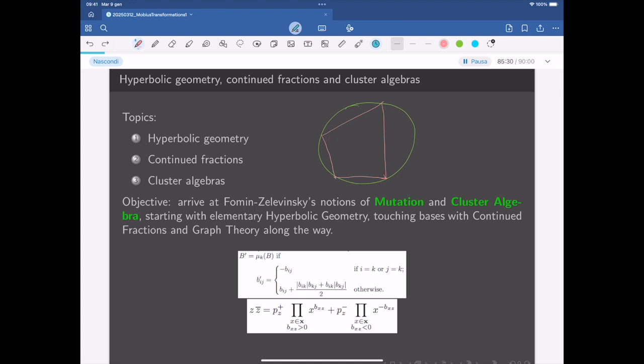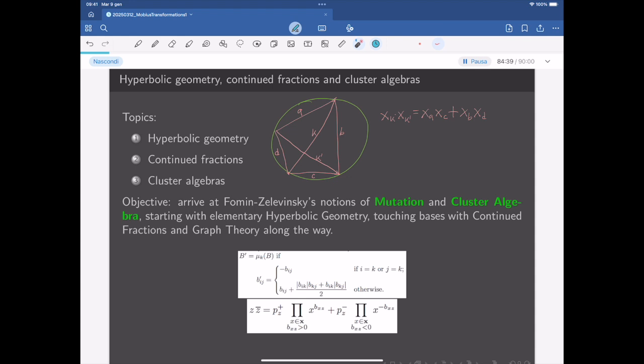Then let me draw the two diagonals, which I'm going to call K and K prime, and the vertices A, B, C, D. The lengths of those Euclidean segments satisfy Ptolemy's identity, which is xk times xk prime equals xa xc plus xb xd, right? And I think this is classical geometry.